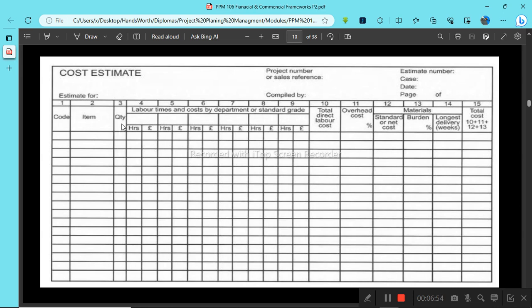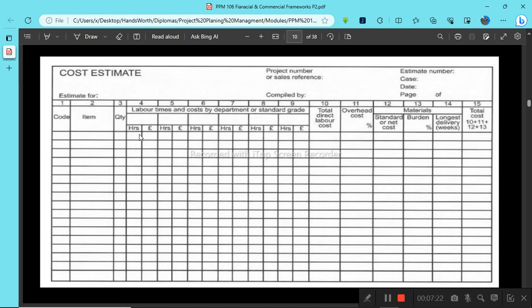And then apart from that, we have quantity, where you indicate the units of measurement for the amount of the item that you have procured or intend to procure for your given project. Then you move on to indicate the estimated hours. So maybe if it is not sand, we can indicate maybe it's an activity.